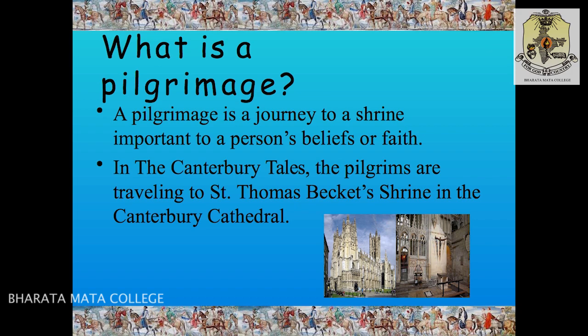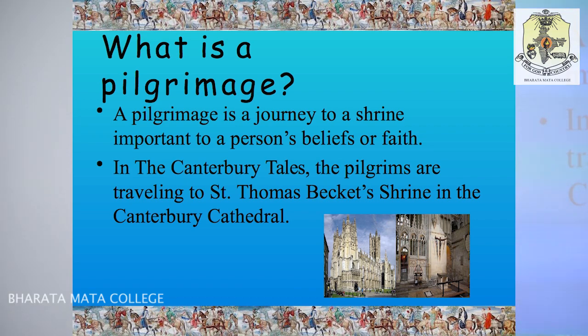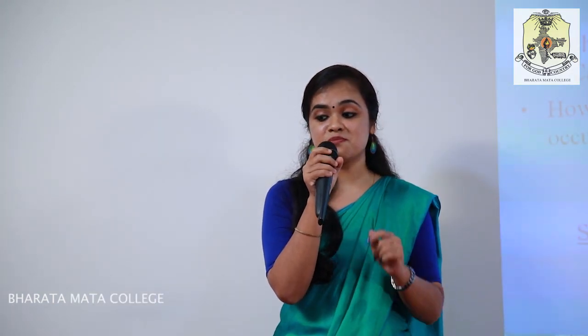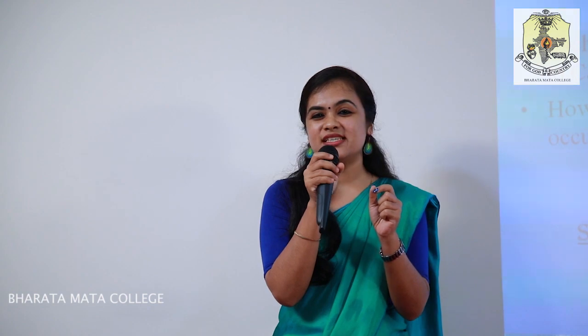Before we move on to that, you should know what a pilgrimage is. Pilgrimage is basically where a group of people or maybe a single person visits a shrine for their faith, and in this particular context, they are going, as I mentioned, to the Cathedral of St. Thomas Becket. So as I said, there should be 120 tales, but here you can see only 24 tales.